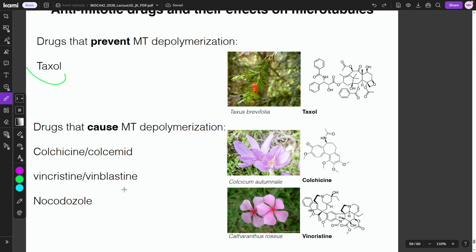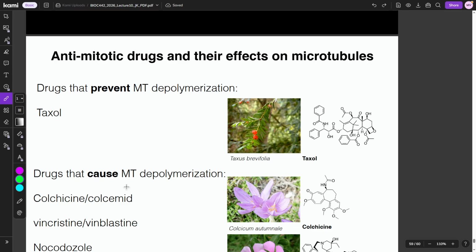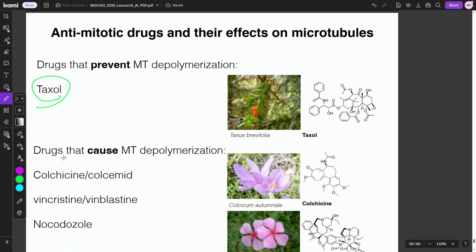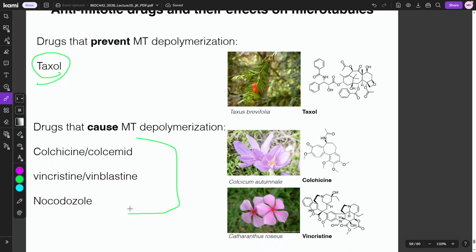Basically, you remember, microtubules polymerize from their plus end and depolymerize from their plus end. Taxol prevents microtubules from depolymerizing. So if you add Taxol to the cells, the microtubules cannot shrink. And all three of the others cause depolymerization. When you attach these, they cause hydrolysis of the GTPs, which leads to depolymerization.